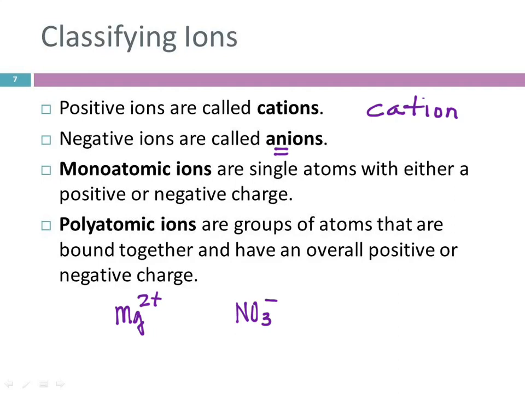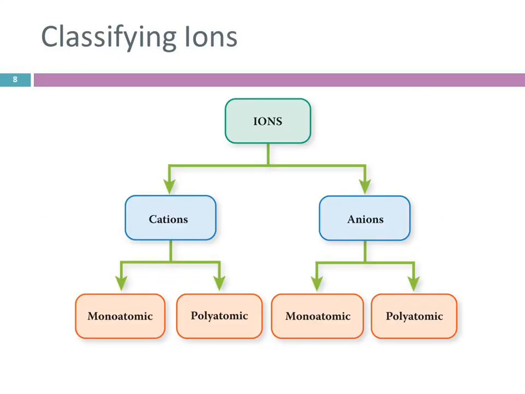What about that one? Monatomic or polyatomic? This one's monatomic. And how about that guy? Polyatomic. So ions can be positive, cations, or negative. And within each of these, positive or negative, you have monoatomic, one atom, or many atoms. You can have anions that are one or many.